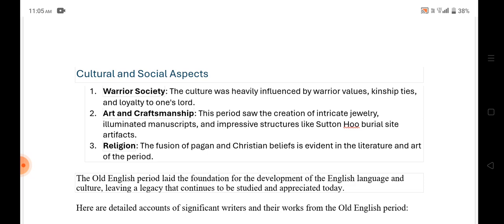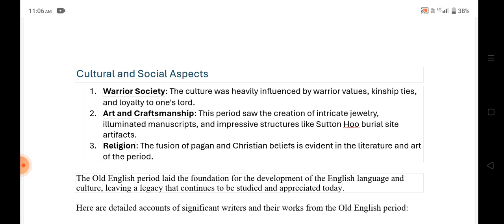Warrior society. The culture was heavily influenced by warrior values, kinship ties, and loyalty to one's lord. Art and craftsmanship: this period showed the creation of intricate jewelry, illuminated manuscripts, and impressive structures like the Sutton Hoo burial site artifacts.